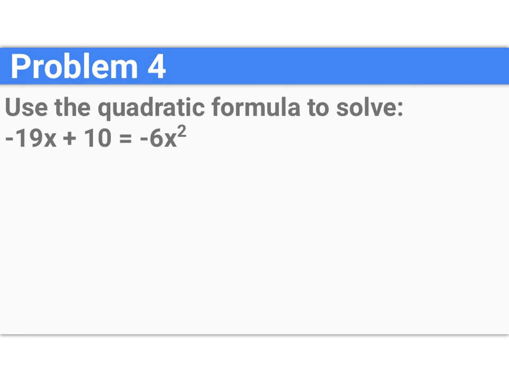Okay, so let's rewrite this equation. We're going to move the 6 over. We get 6x squared minus 19x plus 10 equal to 0.